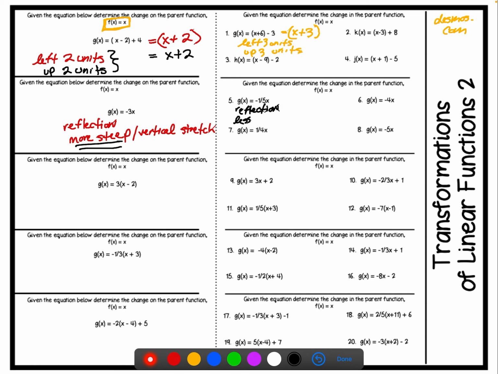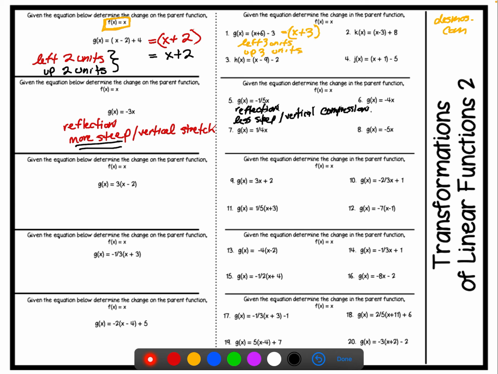So we're just going to write less steep. All right, you may also see that it's called a vertical compression. So just writing that out just in case you see it. Now, I want you to complete 6, 7, and 8 and bring it to class tomorrow.